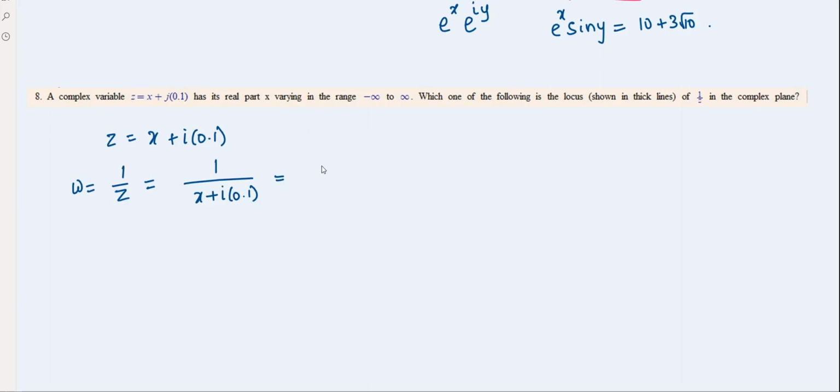So you get (x minus i times 0.1) upon the square root of x square plus 0.1 square.